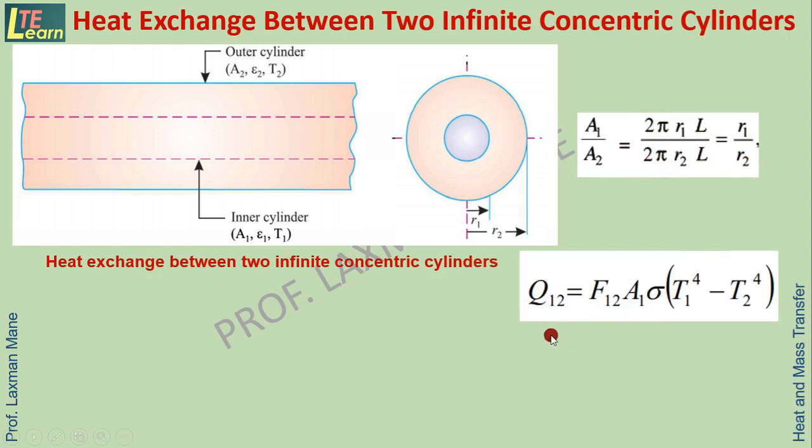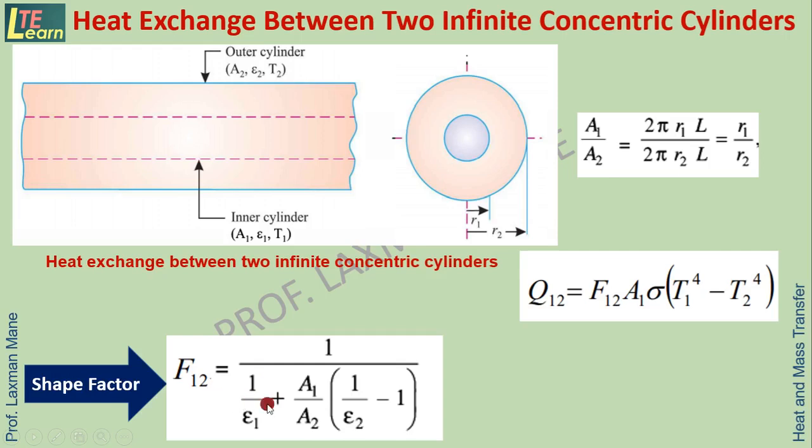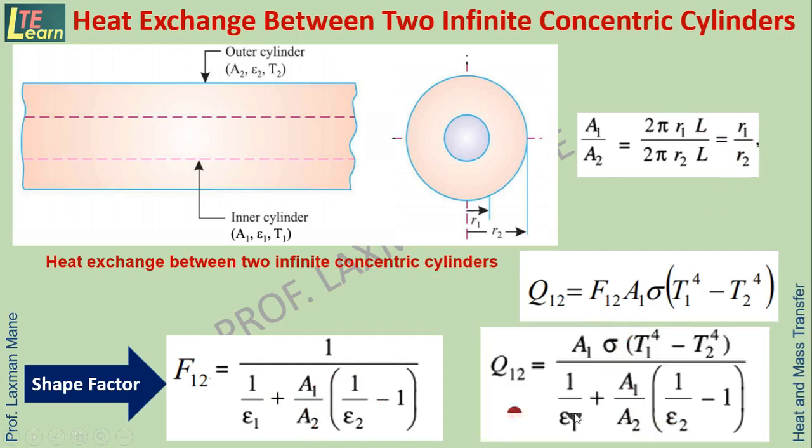Here we can have the generalized equation. In this case, the shape factor for the cylinder is F12, with A1 by A2 as already seen. So introducing this shape factor in this equation, we get the heat exchange equation between surfaces 1 and 2 of concentric cylinders. So this equation we get.